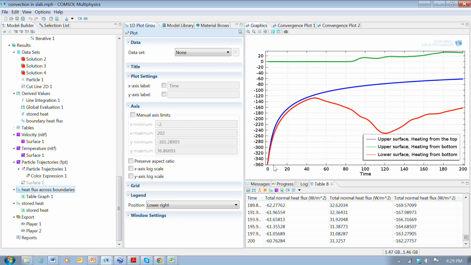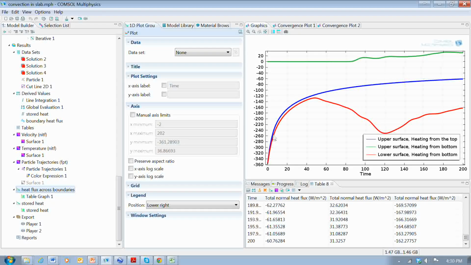And so if we do the same thing when we heat from the bottom, here's the heat flux from the bottom. And what you get is that for the first 40, 50, say 50 seconds, essentially it's the same as the heat flux for convection or conduction. Essentially the blue and the red are the same.